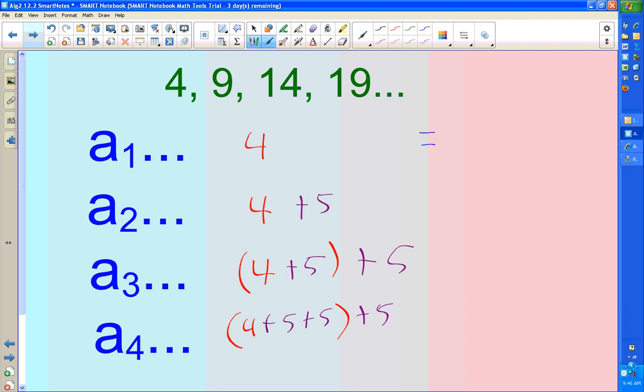Look at these things, kind of break them down a little bit. All four of these expressions that I wrote for a sub 1, a sub 2, a sub 3, and a sub 4, all four of them have something in common. What is it? They all have a 4 in it. So we all have a 4 in each of these expressions. And 3 of the 4 have 5s in them.